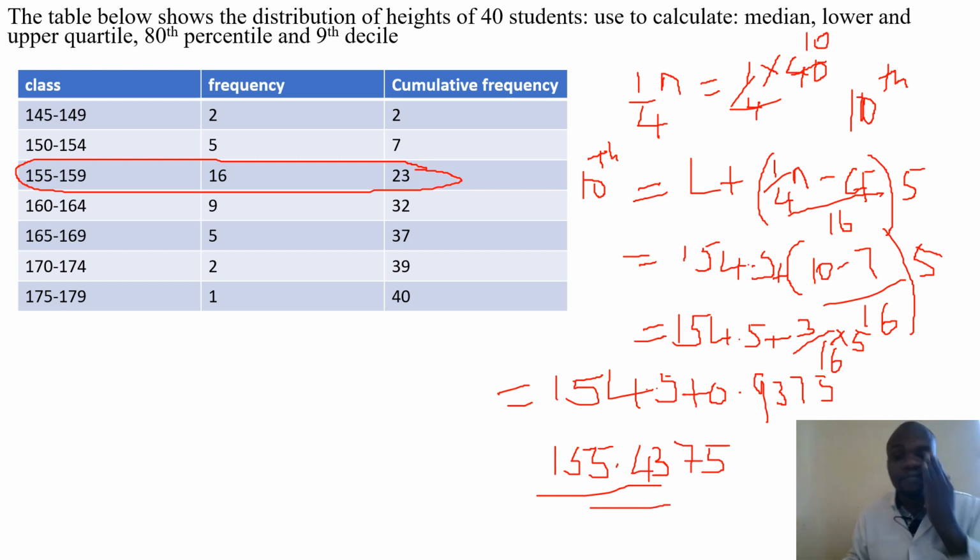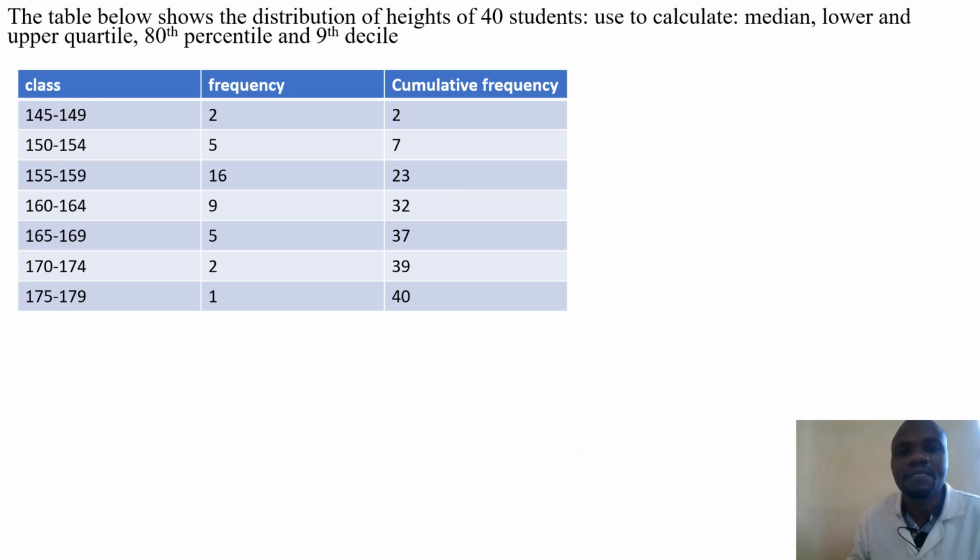So the next thing is for us to get the upper quartile, and you know the upper quartile is the half of the last half in the median, or simply we can use this formula. So to get the position of the upper quartile, we're going to use 3 out of 4.